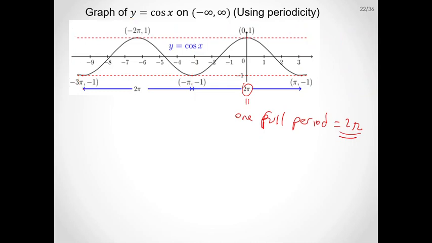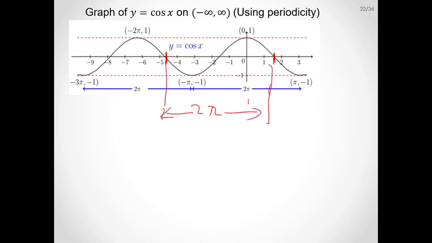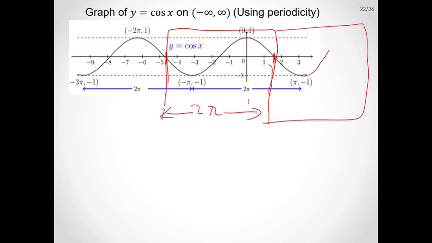And any window of length 2 pi is fine to copy. So you can take this one here and take this one. Now it will be 2 pi length. You can take this one, and then you can make the copy here. So it will be something like this. Now you can make the copy this way.